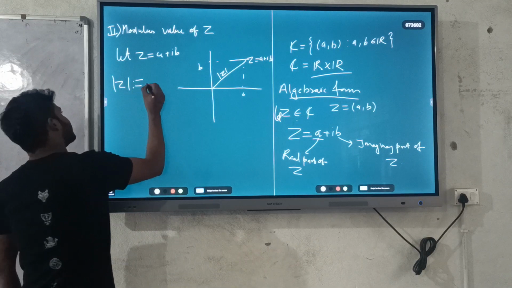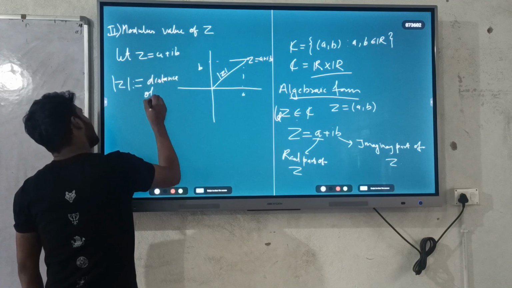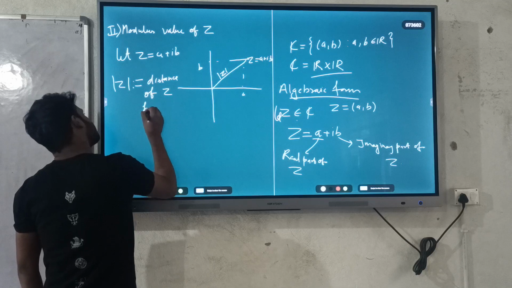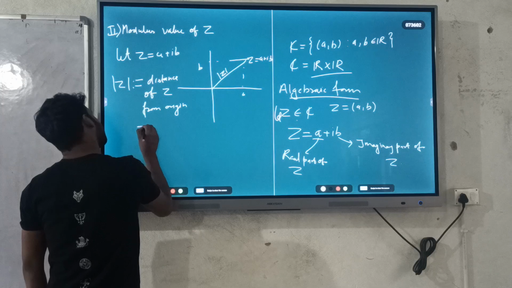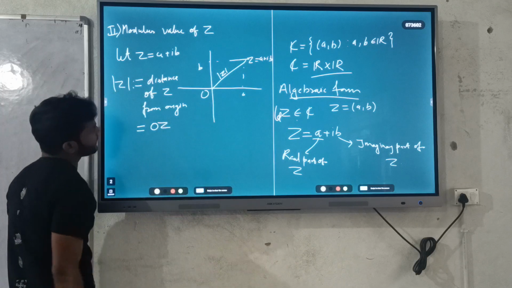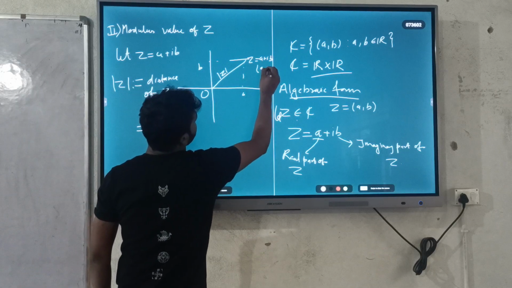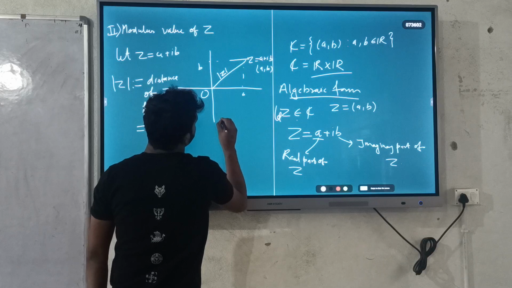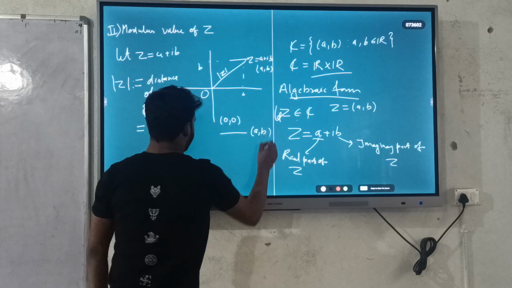How can we define it? It is defined as the distance of z from the origin, that is, it is defined as the length OZ. As we can see, z can be represented in this form, (a, b). So we have to find the distance from the origin to (a, b).